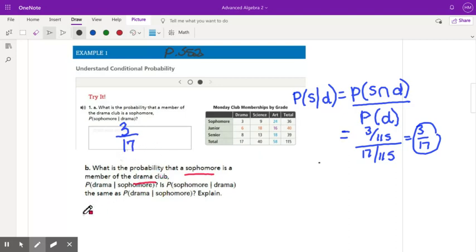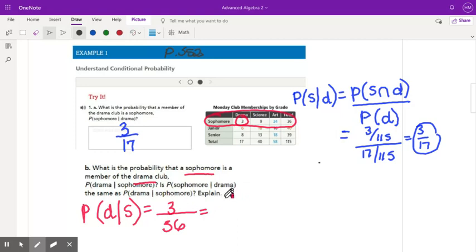I'm finding the probability of a student being in drama club given that they're a sophomore. So this time I'm only concerned about the sophomores. In total, there are 36 sophomores and 3 sophomores in drama club. So 3 out of 36 reduces to 1/12.